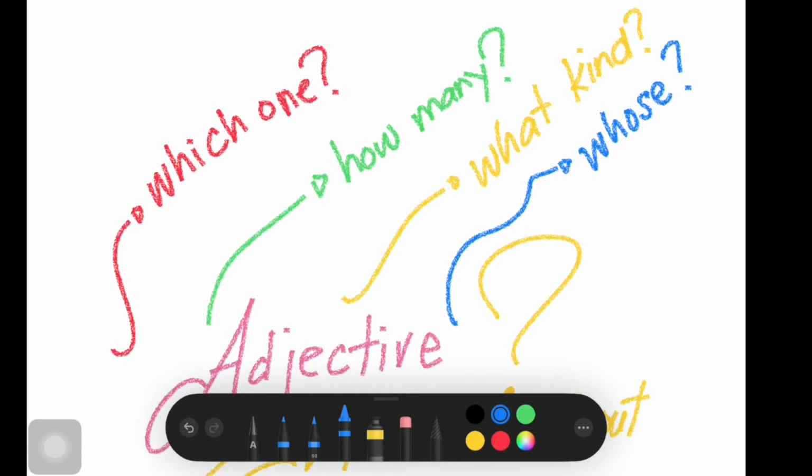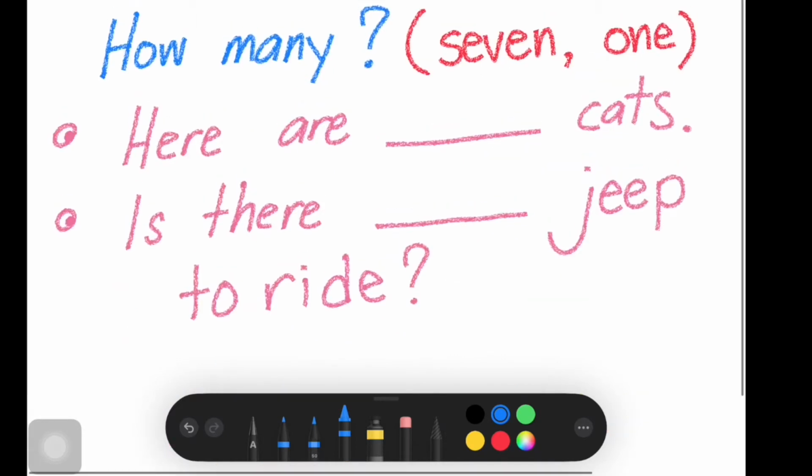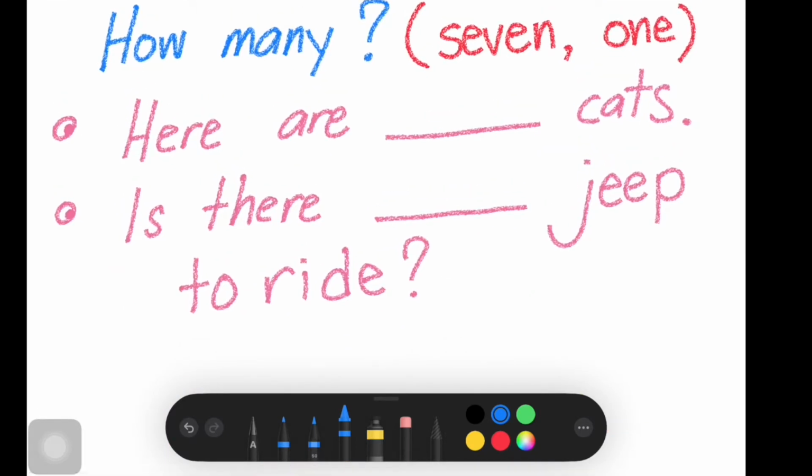Alright? Now to give you one example on the question, how many? Okay? So here we have two sentences. Now, let's see which one of these two is the correct answer. You need to fill in the blanks. The first sentence is, here are blank cats.